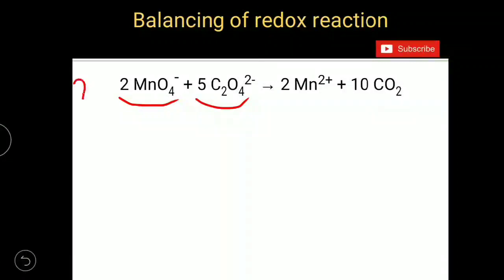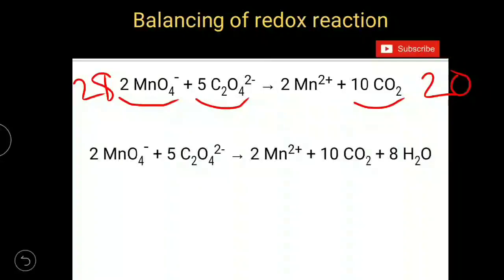Total 28 oxygens on the left hand side. Right hand side, you got 10 moles of CO2, meaning 20 oxygens are there. So we need 8 more oxygens on the right hand side. To get them, I am adding 8H2O on the right hand side. So now oxygen atoms are balanced.